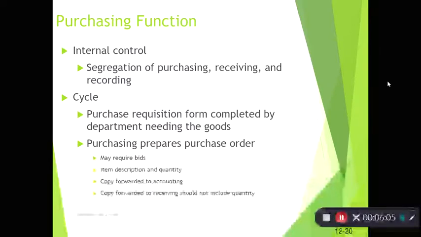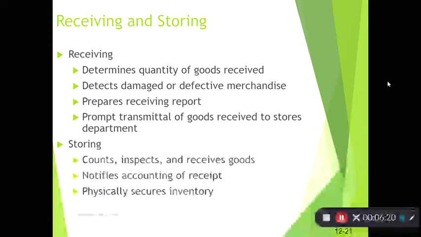Usually you're going to have a purchase requisition that requests that the firm go out and acquire goods, whether it's goods to sell or goods to use. A purchase order is often used. Receiving, you're receiving the goods that you ordered, making sure things haven't been damaged, making sure the quantity's there, receiving reports.